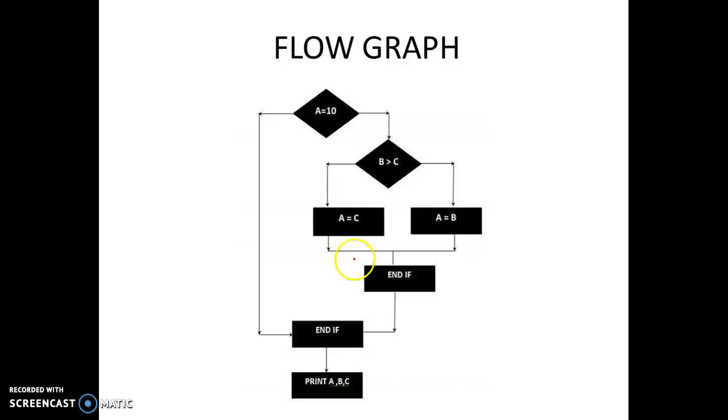Here I am going to calculate how many nodes and edges there are. A is equal to 10 is node number 1, then node number 2, 3, 4, 5, 6, 7. So how many nodes are there? There are 7 nodes.